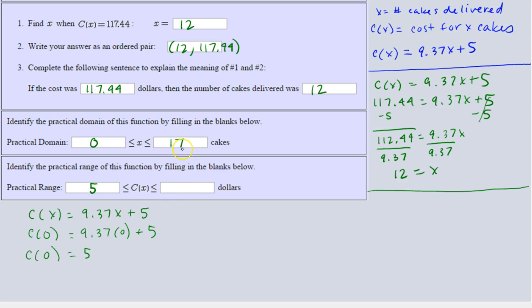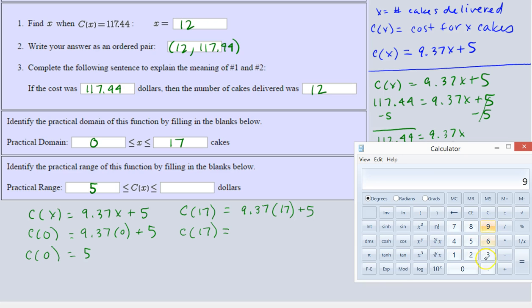Well, that would be if you had the most amount of cakes ordered. So that's C of 17 equals 9.37 times 17. So 17 cakes at $9.37 per cake. And then add on the reservation fee. Now let's evaluate this on the calculator.